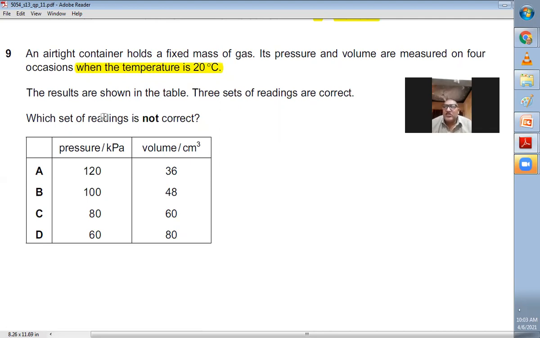Their answers should be the same in all of them. In one of them, they will get a different answer, so we have to check which one is not correct. That one will not have the same product as the rest of them.